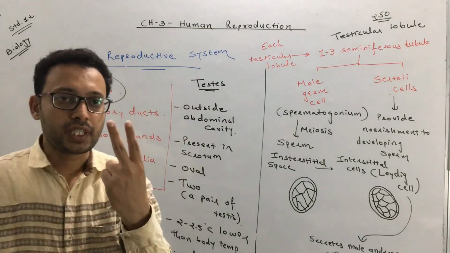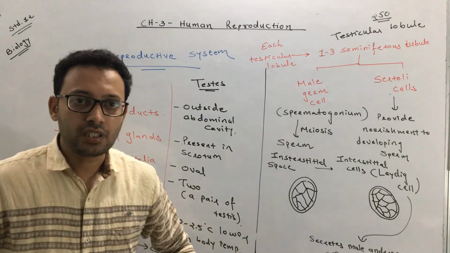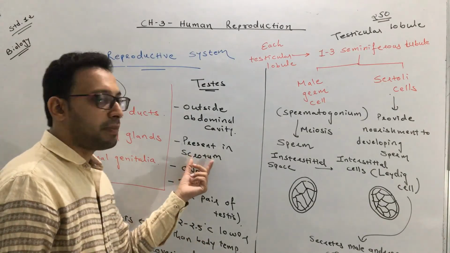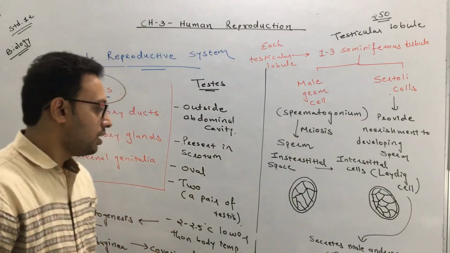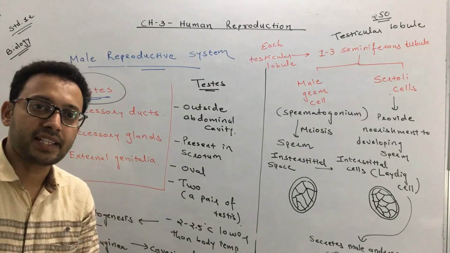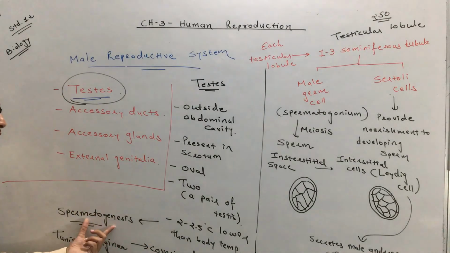Two testes, or a pair of testes, are present in the pelvic region outside the abdominal cavity. They are present in a pouch-like structure called the scrotum. The scrotum maintains the temperature of the testes 2.5 degrees centigrade lower than body temperature, because low temperature promotes a process called spermatogenesis.